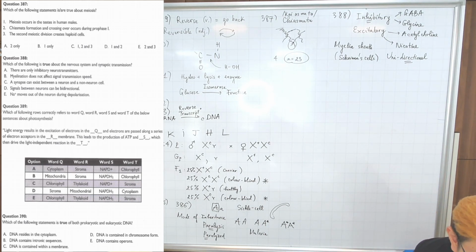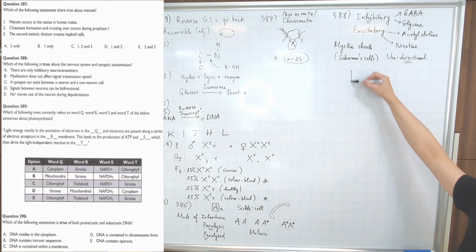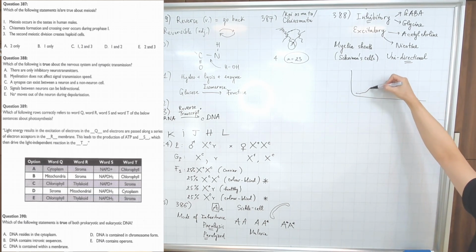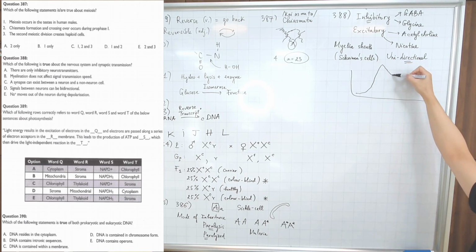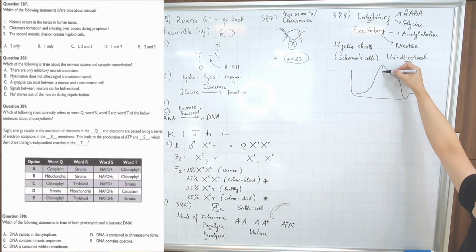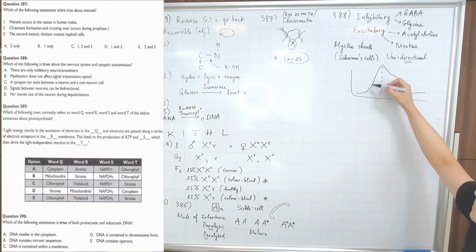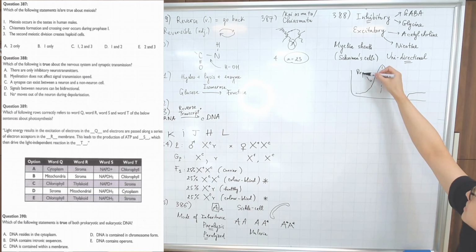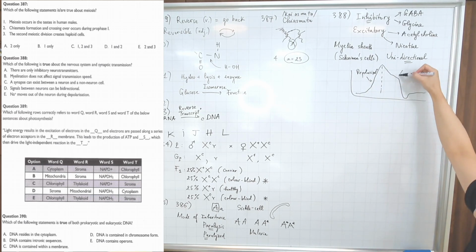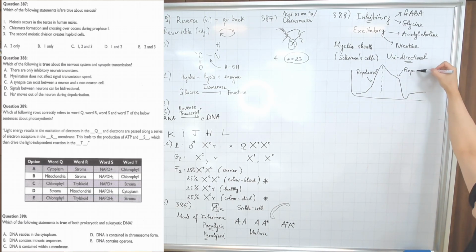E. Sodium moves out of the neuron during depolarization. So remember, this is the case when it's going up and then going down, right? This part is called depolarization, and this part is called repolarization.